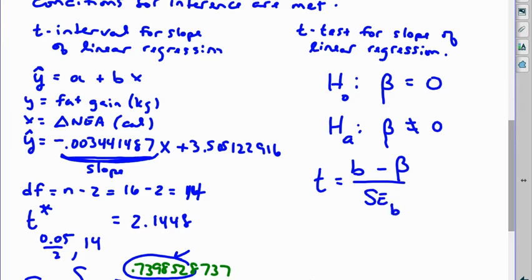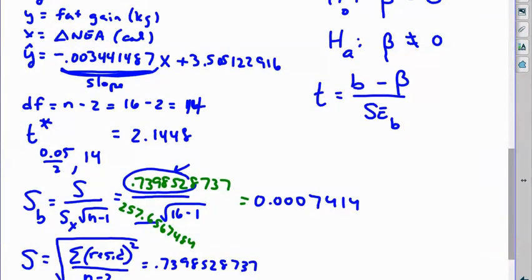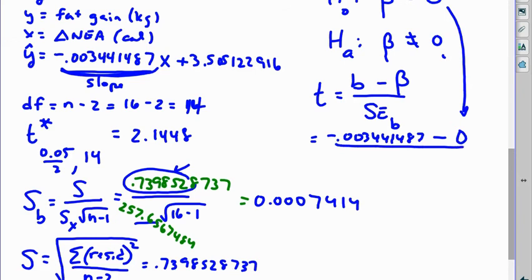We're going to take our slope and subtract 0, because that was what the null hypothesis was, and divide by our standard error of our slope. That gives us a t-test statistic, which we already know because we did the LinRegTTest.